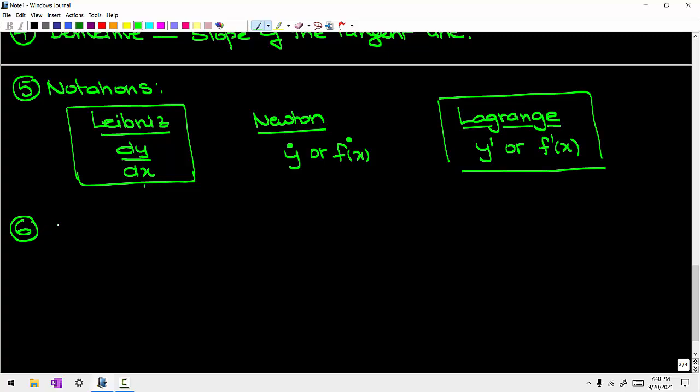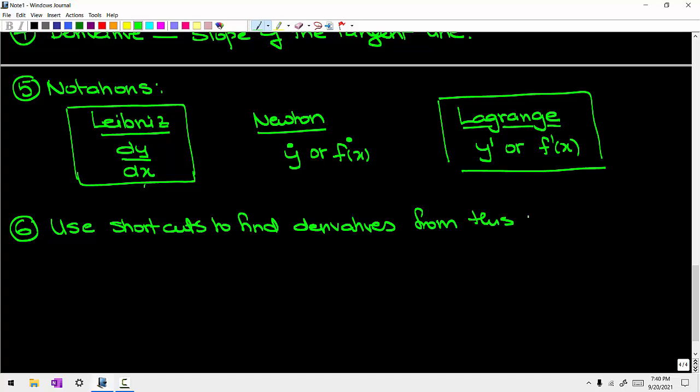From this section forward, we'll use shortcuts to find derivatives. We'll talk about what they are. Shortcuts to find derivatives from this point forward.